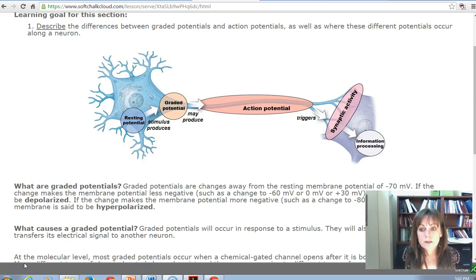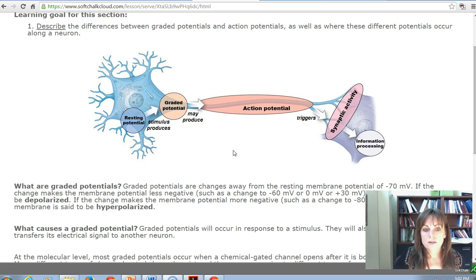Okay, so now that we've talked about resting potentials, we're going to move into talking about graded potentials. At rest means the nerve is not sensing anything, it has no signals. But let's talk about what happens when a stimulus starts to come in and the neuron starts to sense this.